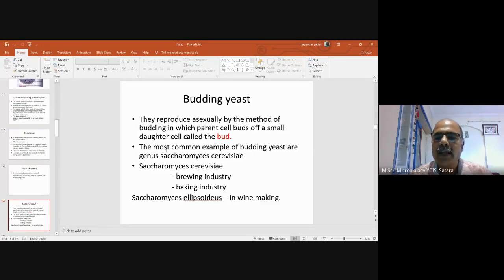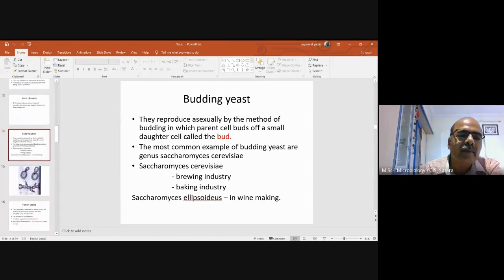The most common example of budding is the genus Saccharomyces cerevisiae, which is used in the brewing industry and baking industry, the brewing strain and baking strain as it is called, and Saccharomyces ellipsoideus, which is used in the wine industry.